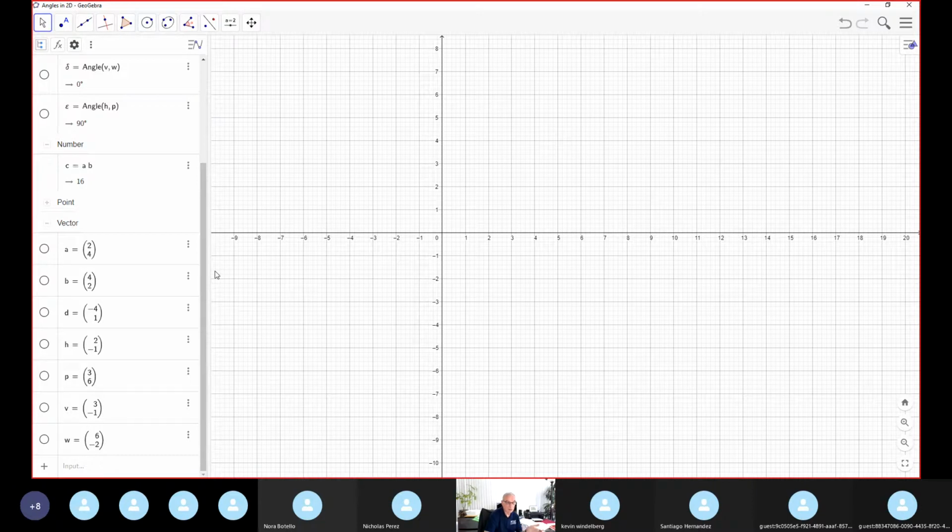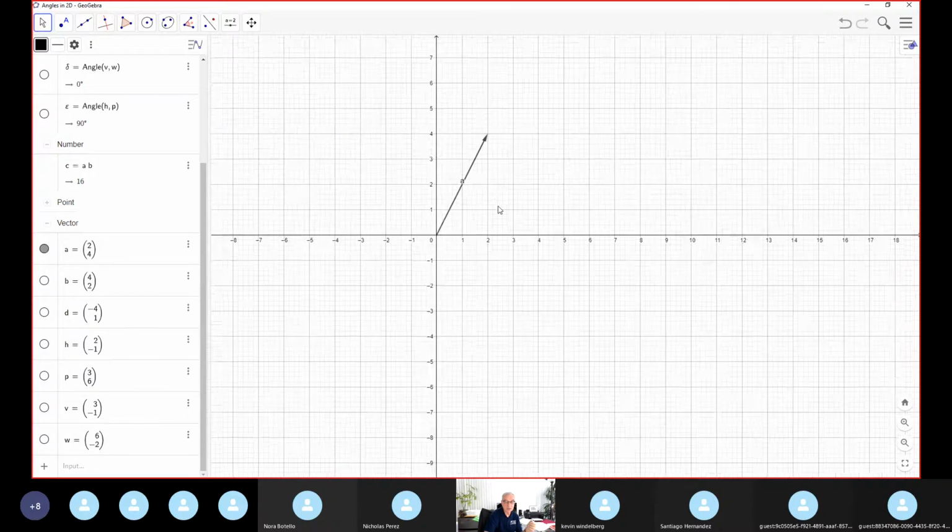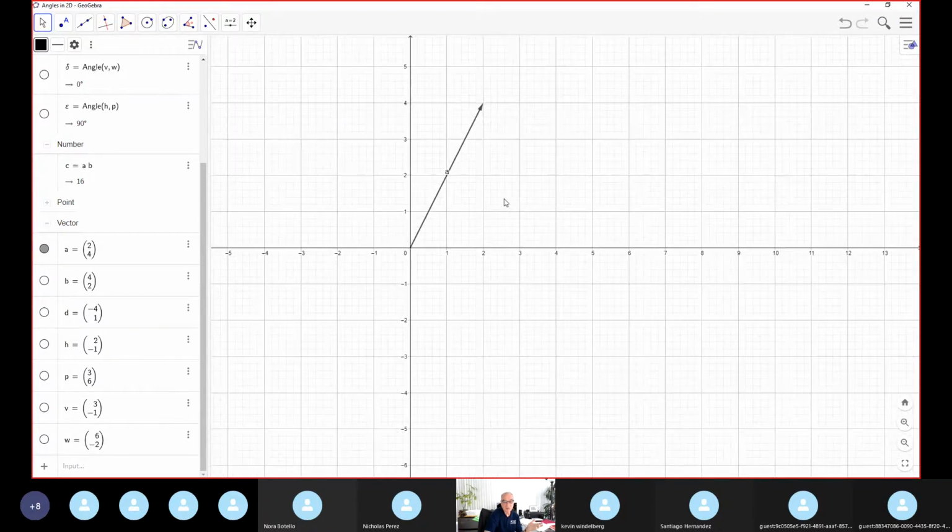If you put lowercase like a, b, c, it's a vector. So the vector 2,4, I plot that. But you see, of course it's a vector, a position vector that connects the origin and the point 2,4.